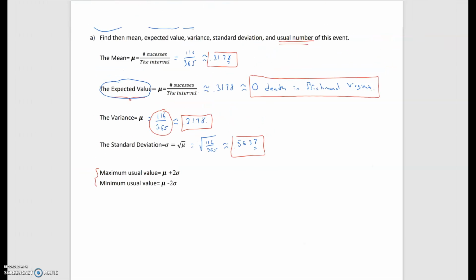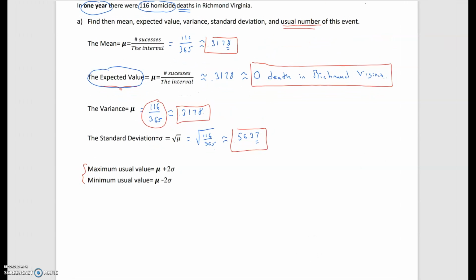Let me punch these in. I'm just going to use the decimal values, approximately, since there was a little bit of rounding. So the mean was 0.3178 minus 2 times 0.5637.